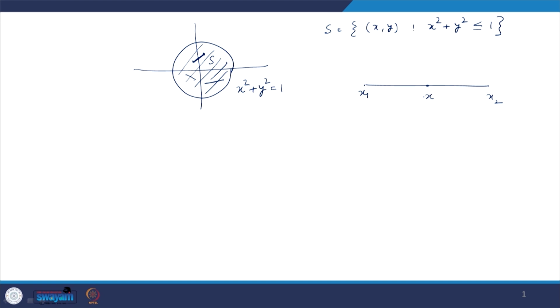Suppose this x divides this line segment in the ratio 1 minus lambda is to lambda. So this is A, this is B, suppose this is C, then I am taking AB is to BC as 1 minus lambda is to lambda.